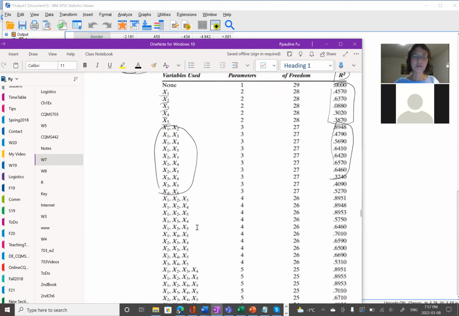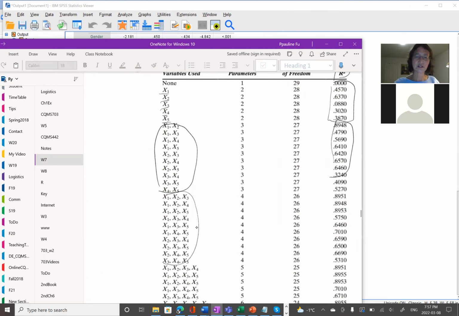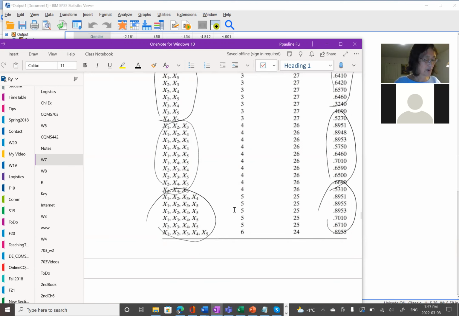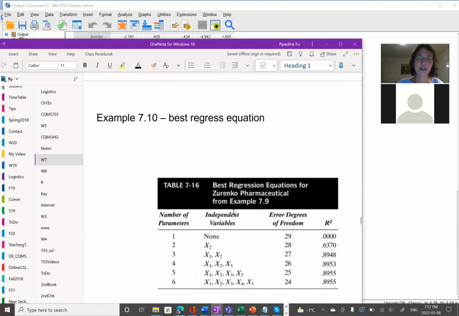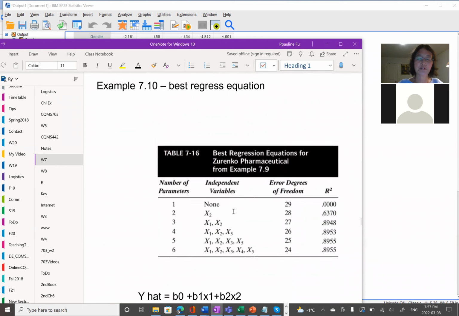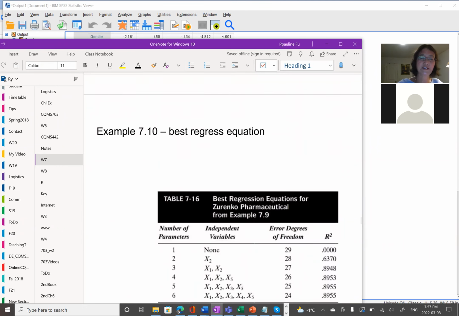So if you pick three variables, you get those R-squared. If you pick four variables, those are the R-squared. Those are all the regression models. But based on those regression models and based on the R-squared criteria, the best regression model, this is the next example.